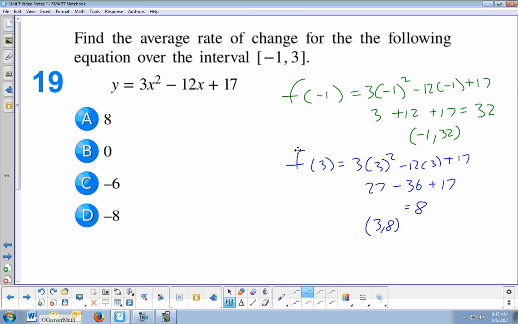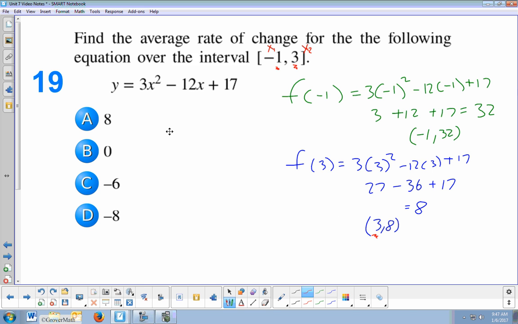For these 2 points, I could tell that this would be the point further to the right because when we list an interval, we list them left to right, least to greatest. So this would be my x2, and so then this would be my y2 or f of x2, and this is my x1. But you could also just look at the x values here and see that -1 is to the left and 3 would be to the right. So I want to do the right point, the second point, first.